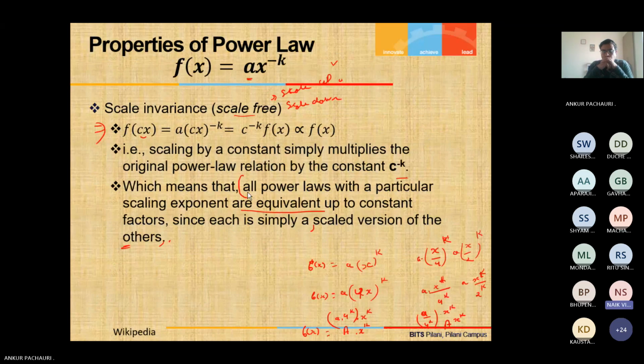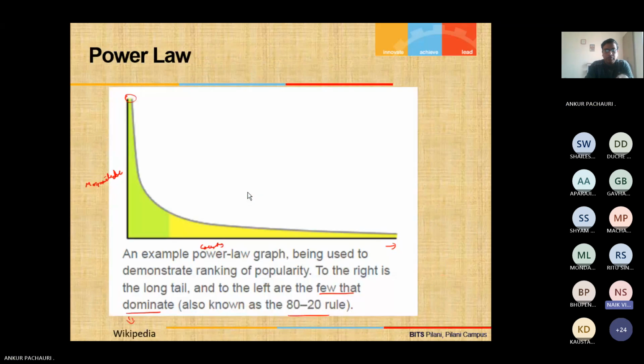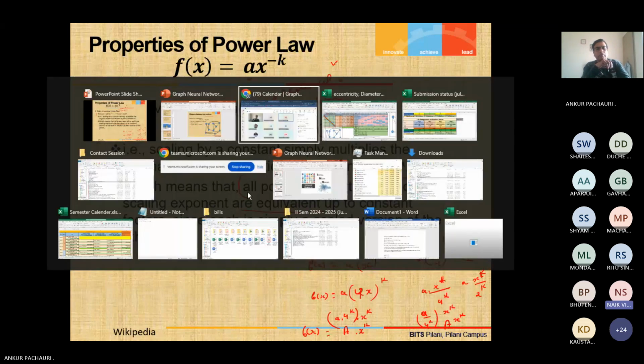Maybe I missed it, it must be trivial, but I just wanted to understand further. This f of x is equal to a into x raised to minus k. Why do we say minus k there? Why not just k?